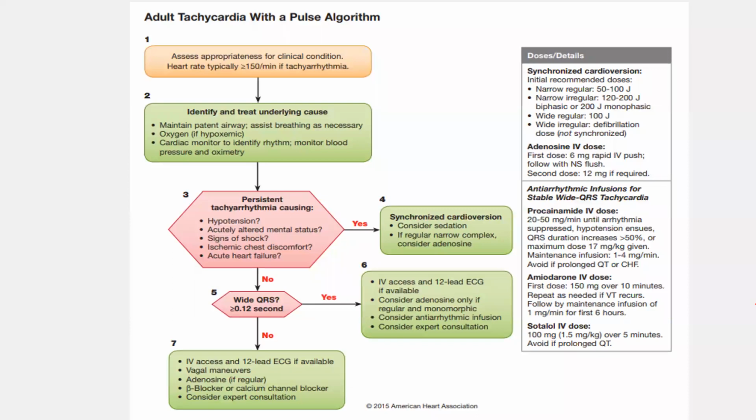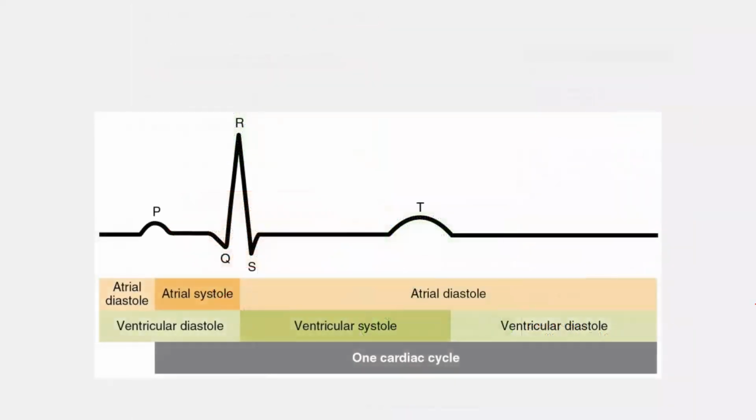The last thing that we are going to talk about is the concept of cardioversion. When we cardiovert, we are trying to deliver an electrical current synchronized to a particular area. So I'm just going to review with you the phases of an electrocardiogram.